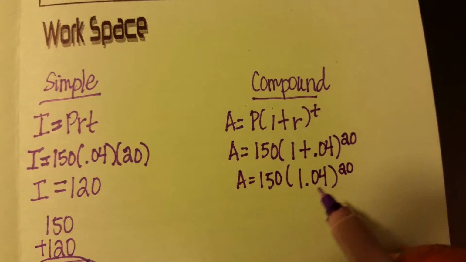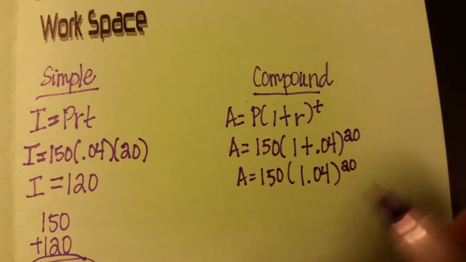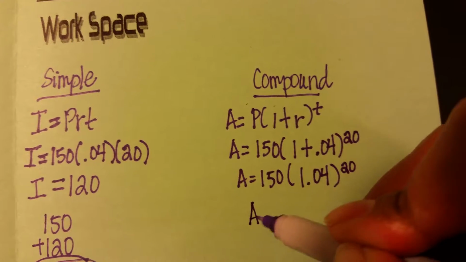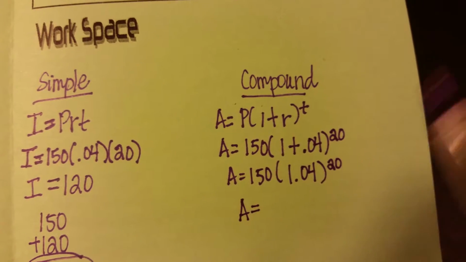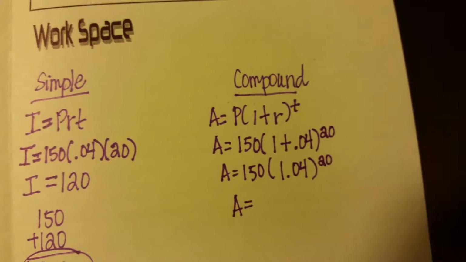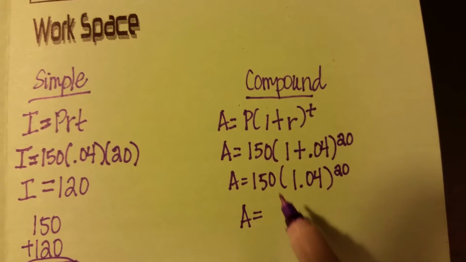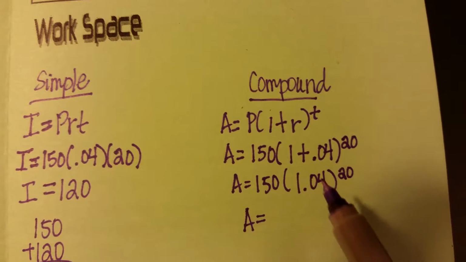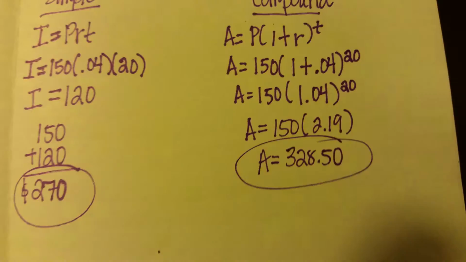Now what you're going to have to do here, you're going to have to use your calculator to figure out what that is. Okay. All right. So now I want you to do order of operations here in order to figure out what this would be. All right, so I'm going to give you about 30 seconds to use your calculator and figure out what 150 times 1.04 to the 20th power would be.